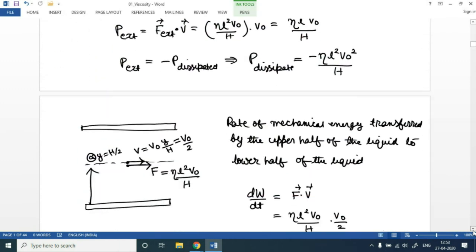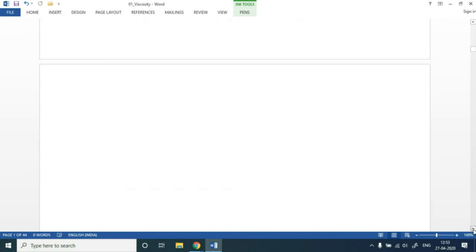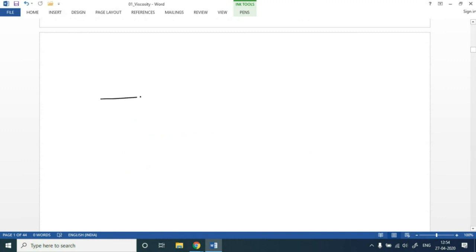Okay, so next, let's discuss the next problem of the linear velocity profile only. Let me describe the problem to you. Let's say here on this table we have a thin layer of liquid, of height h.